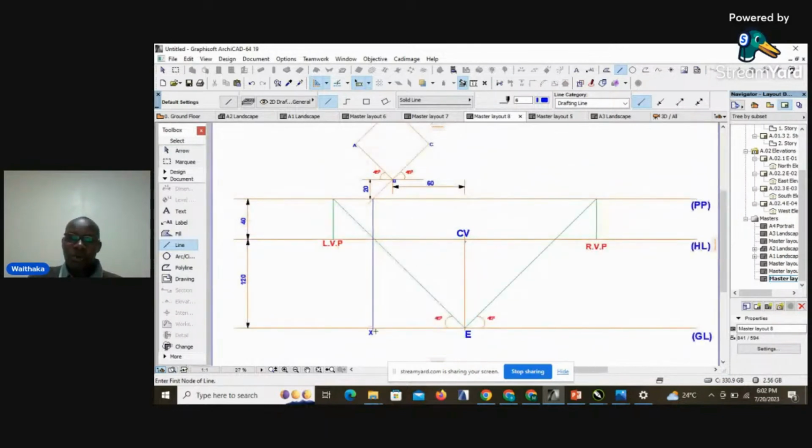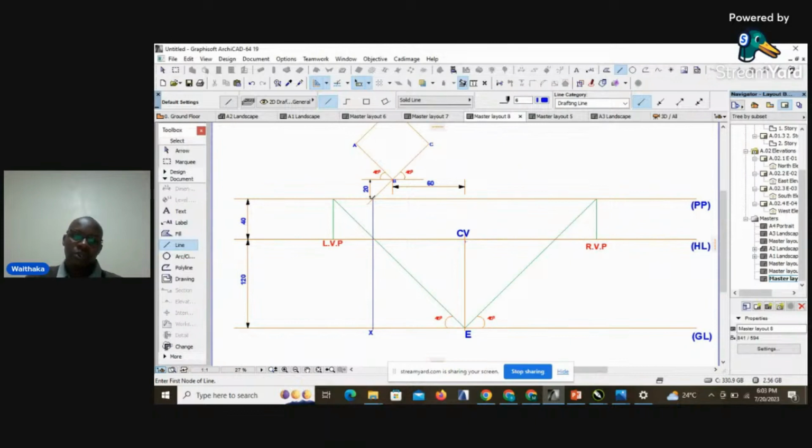ground level. Once it touches the ground level, that point will not be point B, simply because the plan is positioned above the horizon level.